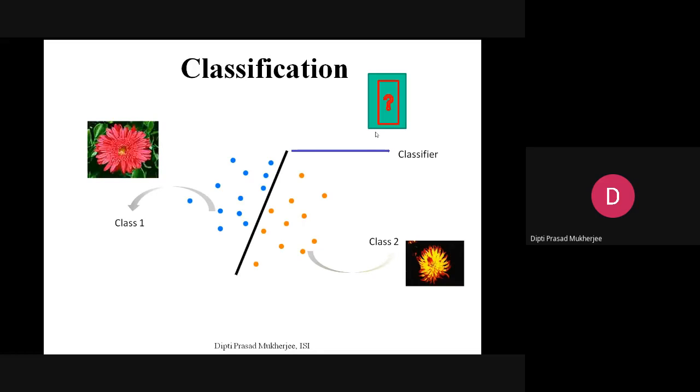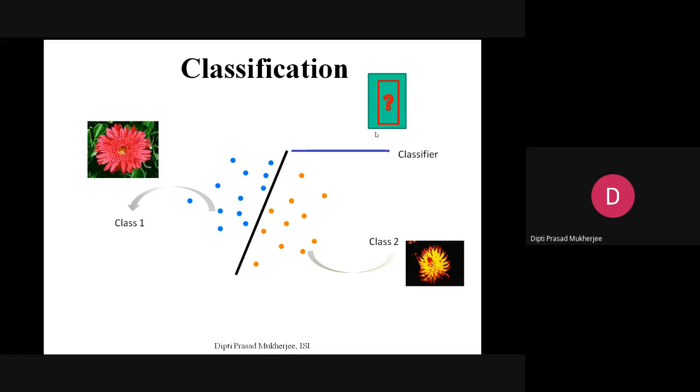SVM. SVM is a very good example. If you can look at the slides, I'm sure the slides are available. You can see the slides, right? So you have two classes. Maybe one class has the flower dahlia, the other class is the flower chrysanthemum.